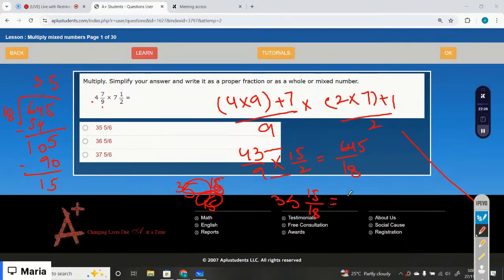So that is 35 whole 5 over 6. Option number 1 is the correct option. That is 35 whole 5 over 6.